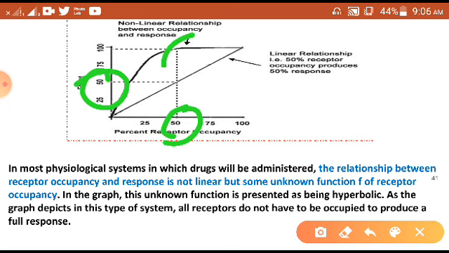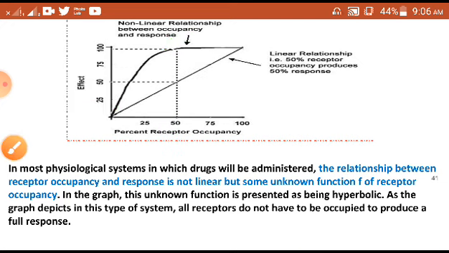But here a non-linear effect has been observed. A maximal effect will be obtained by less than 100% of receptors here, right? You can understand in this way.